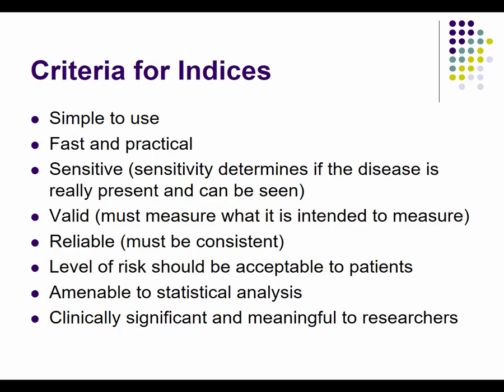Level of risk should be acceptable to patients. This one seems like, well, of course it should be. There's one index that you're going to learn next year, the Eastman Interdental Bleeding Index.